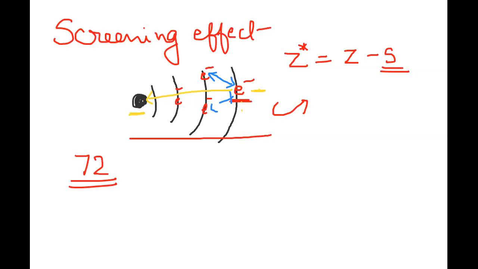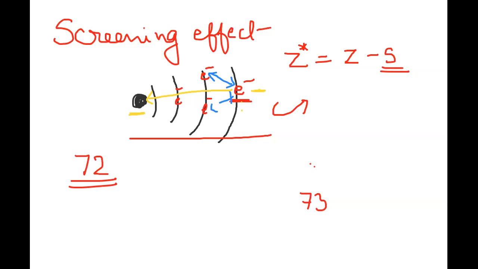See, what I'm trying to say is, when you're going down the group, in general the ionization potential values are decreasing. But for elements with atomic number 73, in the 6th or the 7th period, you will find that the general trend is not followed.